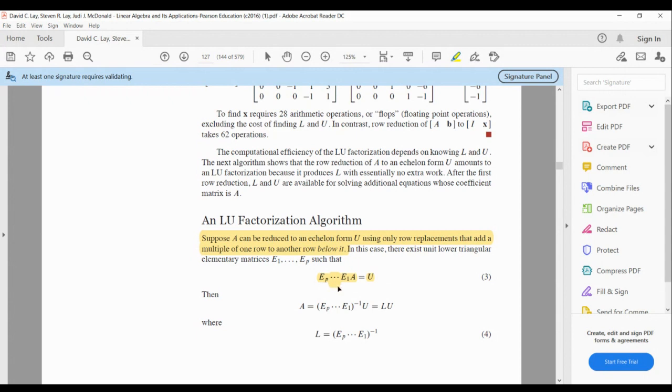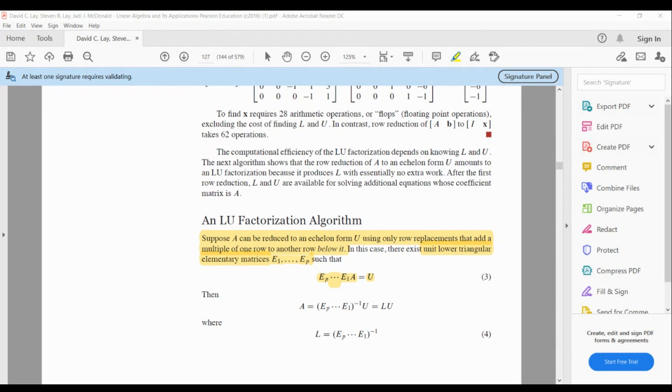And the elementary matrices that reduce the matrix A to upper echelon form U are going to be unit lower triangular matrices. If you need to see this, I have something I worked out.